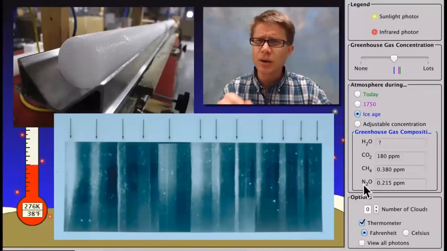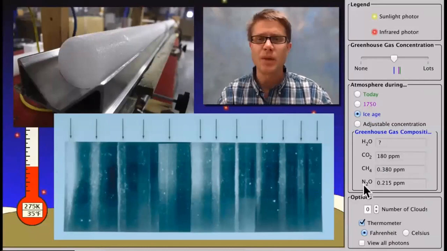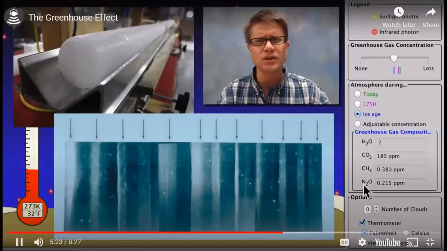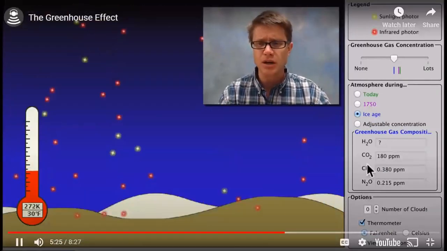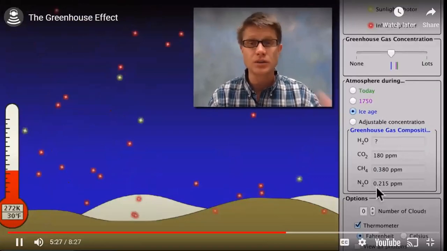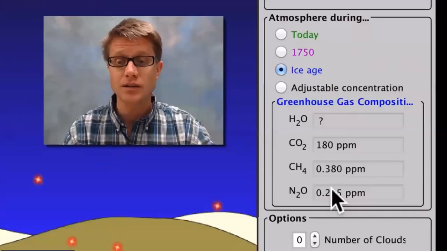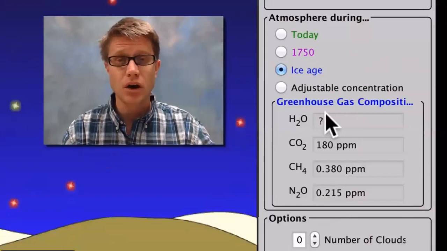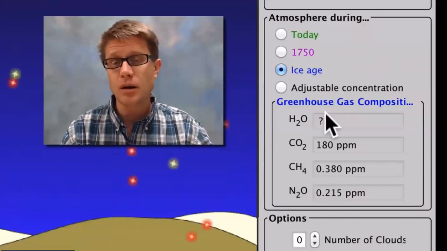And then little bubbles of the atmosphere are trapped in the ice, so we can take out a section, we could add it to a mass spectrometer, and we can figure out what's the composition. So we can see how much carbon dioxide, methane, or dinitrogen oxide, these are all greenhouse gases. Water, actually, we don't know because, I mean, the ice is water. But we can figure out what the composition was back then.